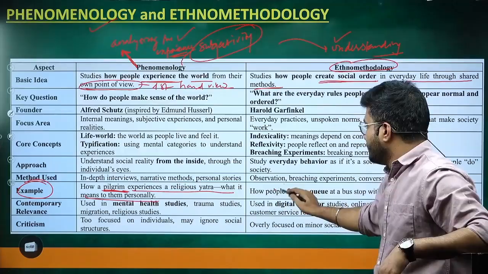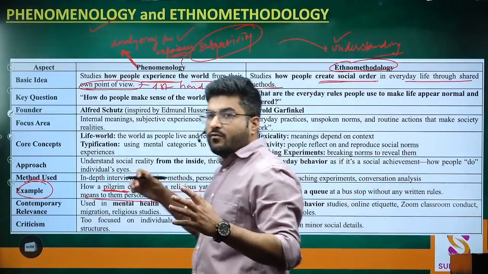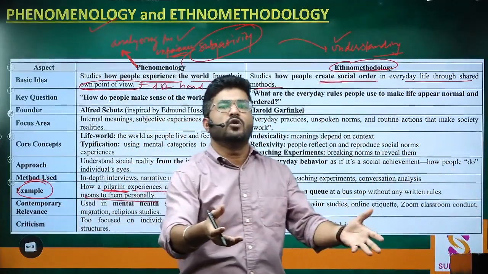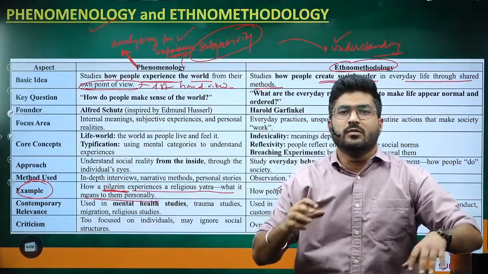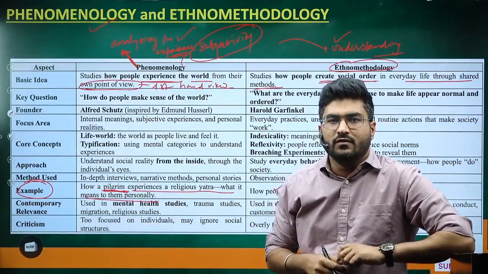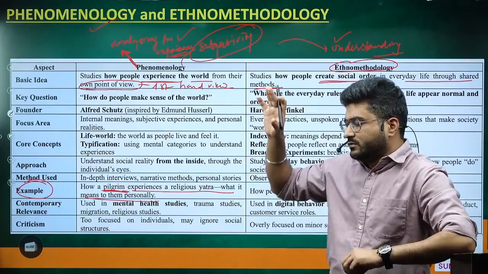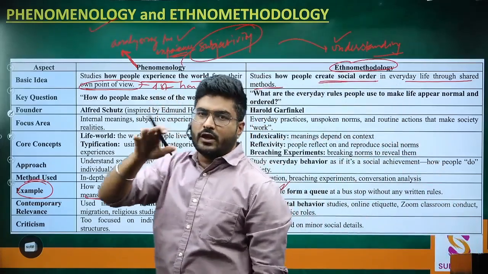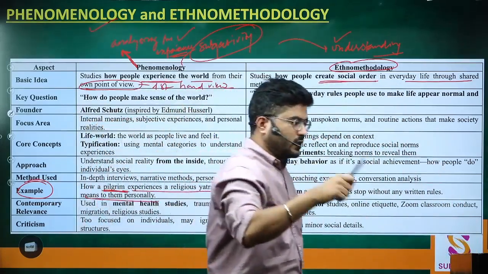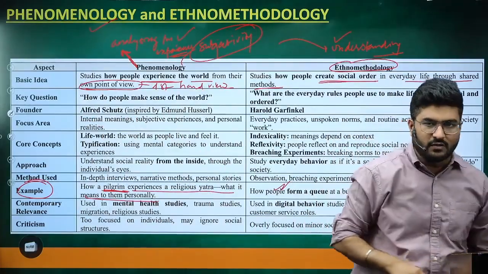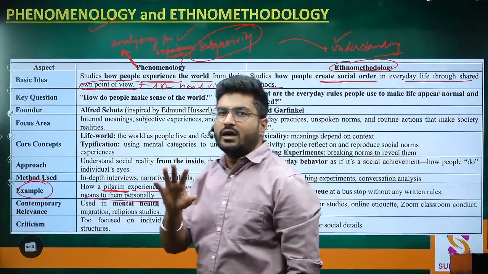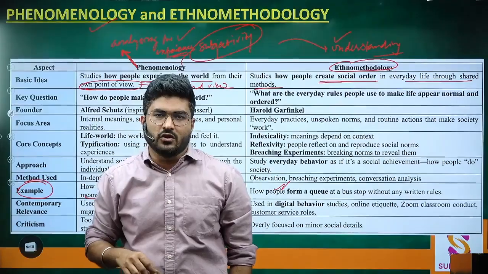Whereas here, we will try to understand what kind of behavior he shows when he is going on a pilgrimage, how he has made a social order of it. For example, when we go to Vaishno Devi and other religious pilgrimages, you will see people who are coming without wearing any sandals and all.